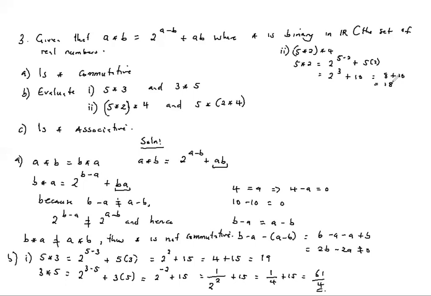Now we are dealing with 18 star 4. Oh, what a big number. So we have 2 to the power of (18 minus 4) plus 18 times 4, which is 2 to the power 14 plus 72. 18 times 4 is 72, right? Yes. Okay.